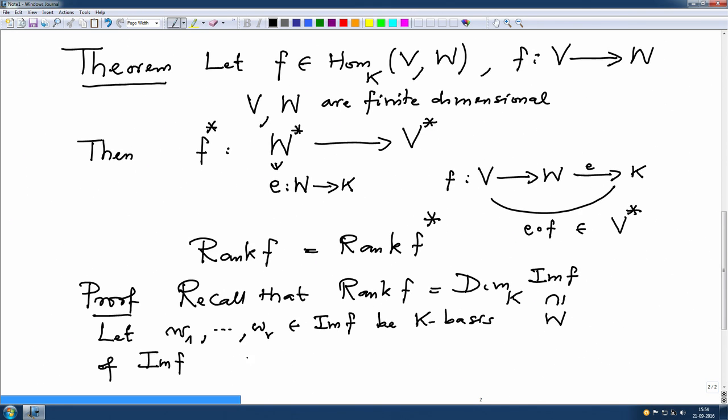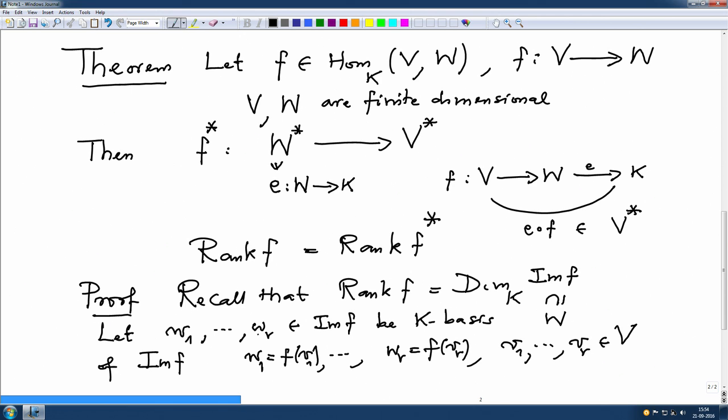Therefore certainly I can write W1 equal to F of V1, etc., WR equal to F of VR, where V1 to VR are vectors in V.